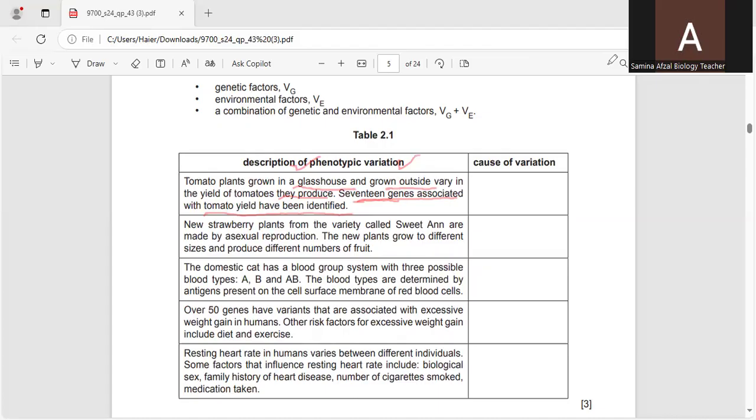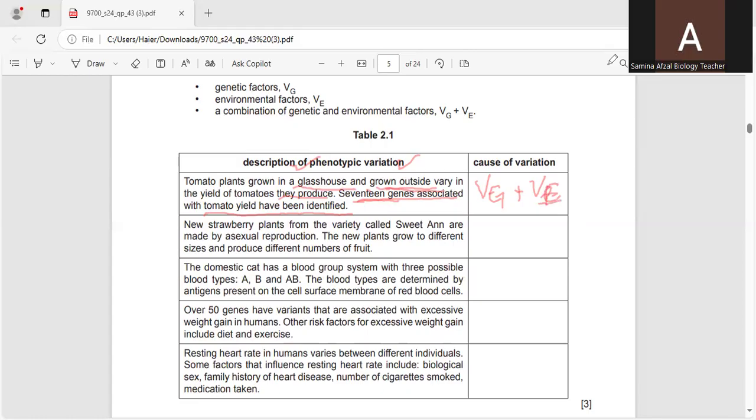There were genetic variations due to genes, but there were many because they were grown outside. So environmental factors are also involved in this case. So we will write both VG and VE. Genetically they are affected, as well as by the environment.